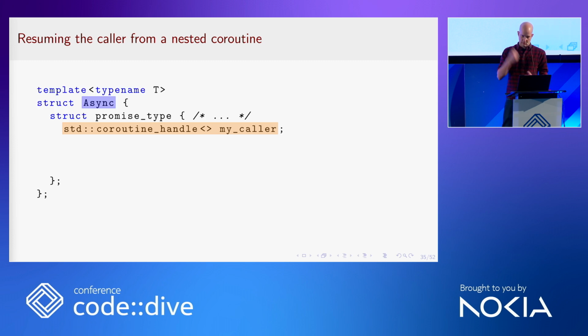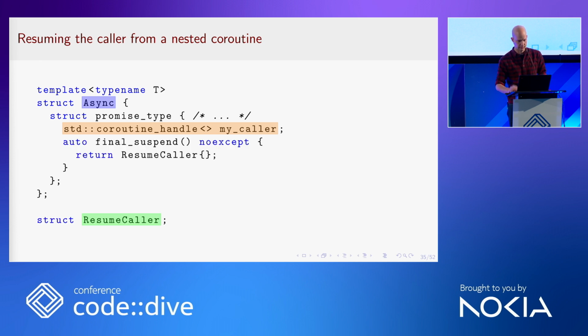We have the handle to the outer function. We saved that in our promise type. And now the question is, how do we resume execution of that coroutine? Since the inner function has already completed, the way we want to do this is in the final suspend.